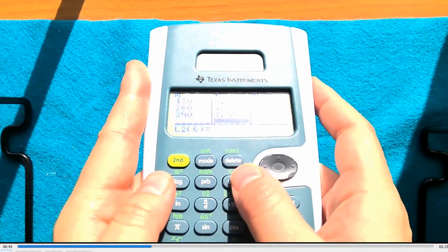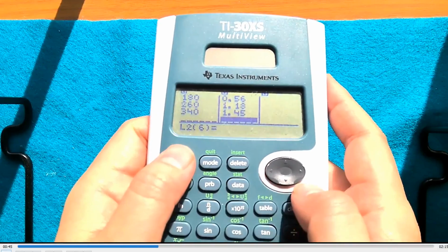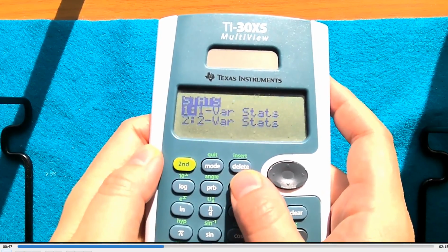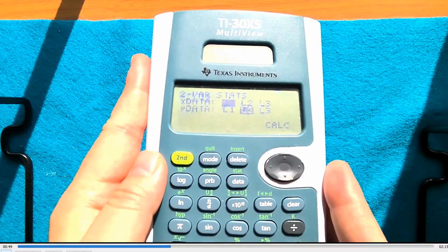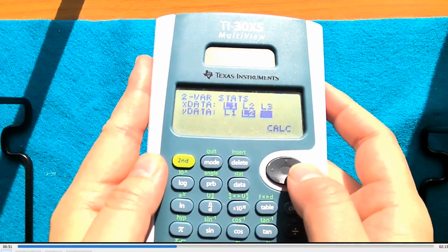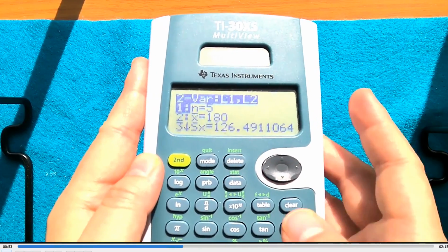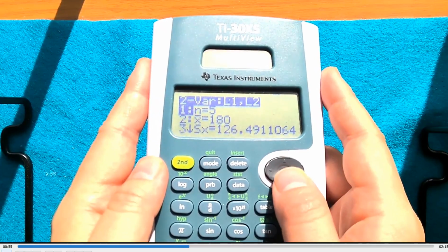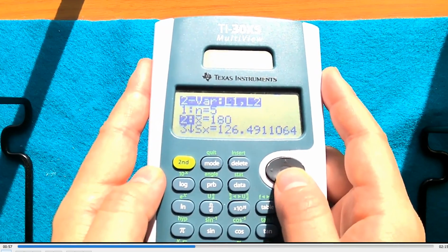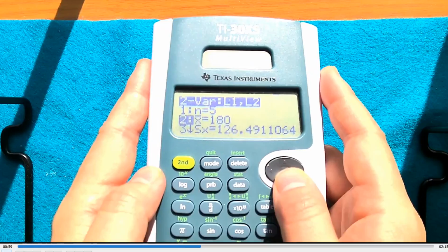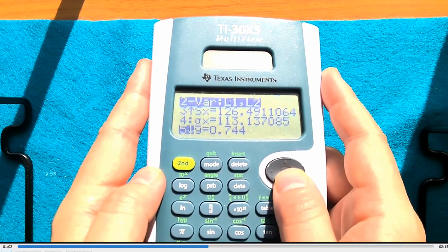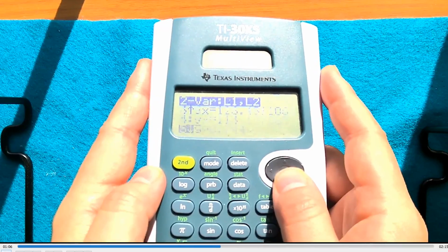Okay, and then I press shift and stats, 2 variable stats, and calculate. So I get my N is 5, my sample mean for X is 180, my sample mean for Y is 0.744.